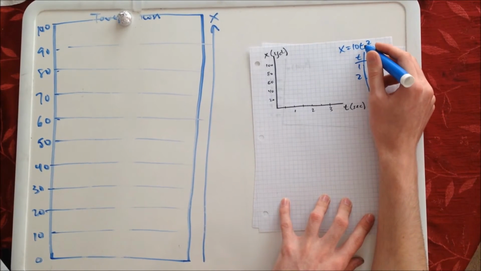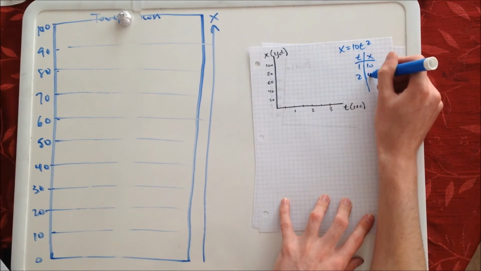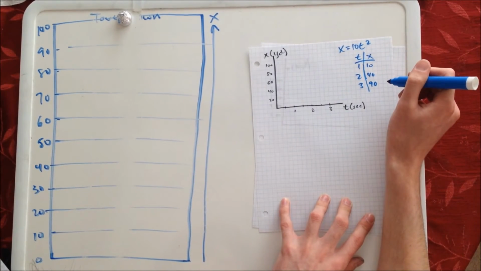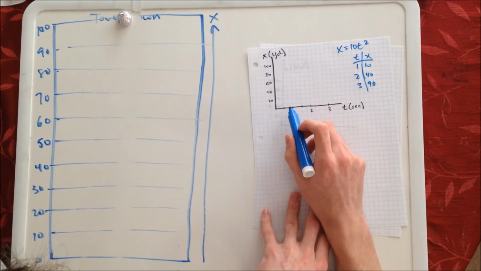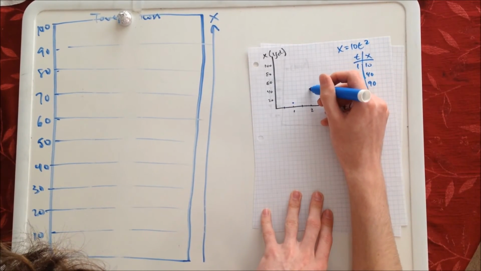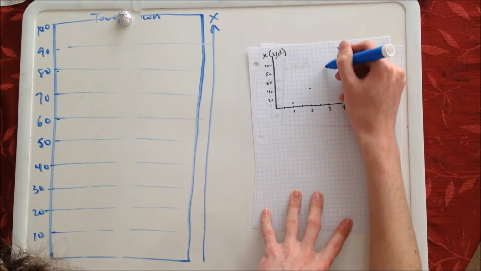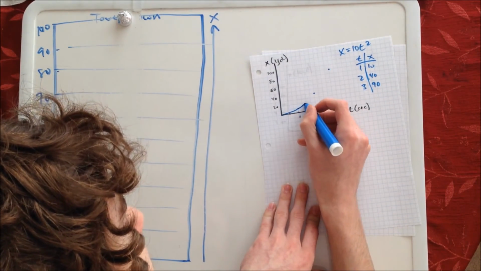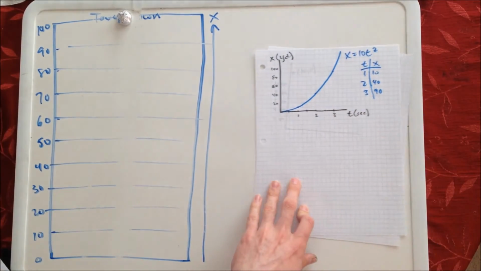T equals 2, 10 times 2 squared, which equals 40. And then t equals 3, 10 times 3 squared is 90. So to graph these points, 1, 10, 2, 40, 3, 90. It's going to look like that. And then to actually draw the parabola, it's going to look something like that.